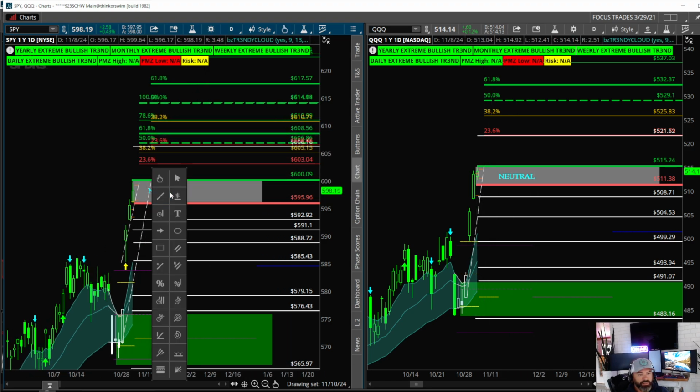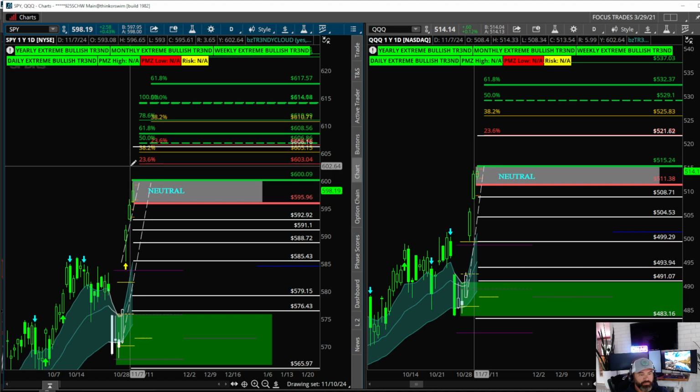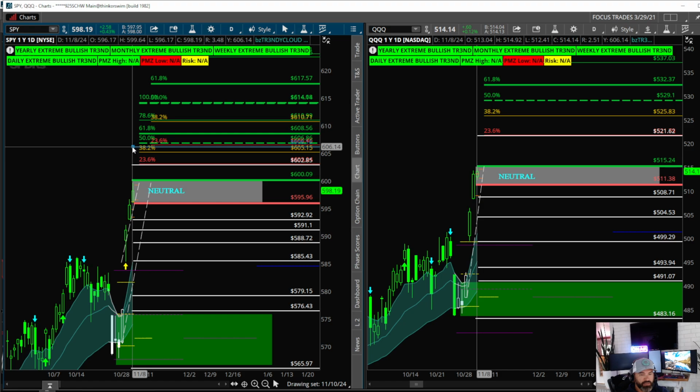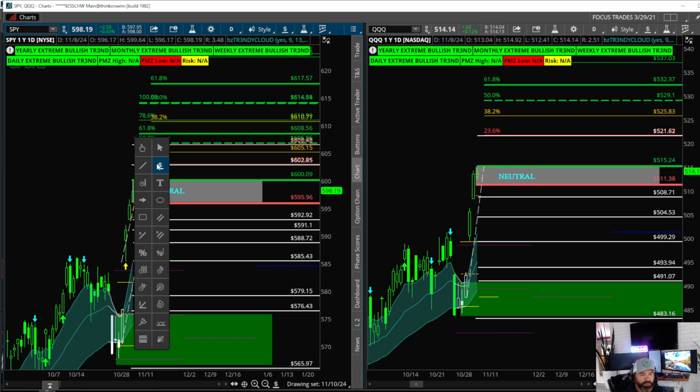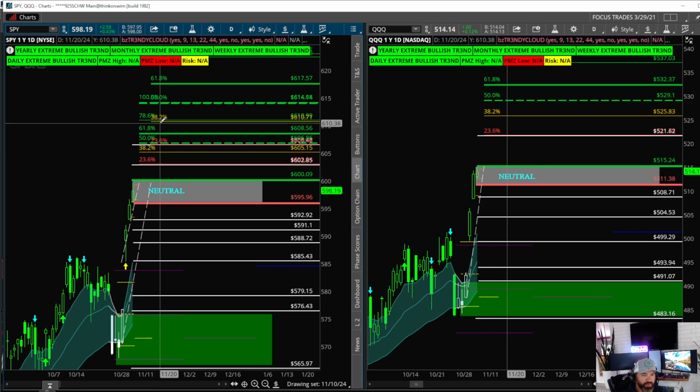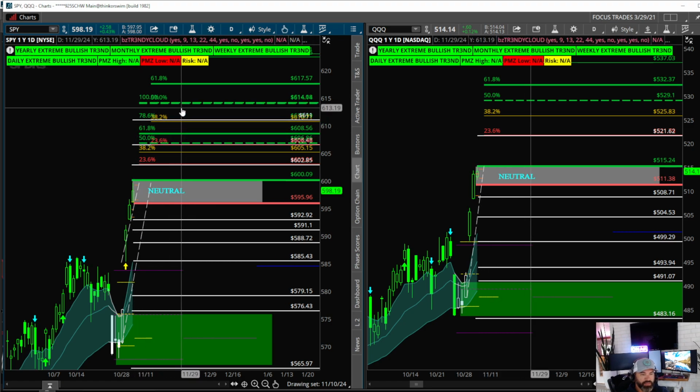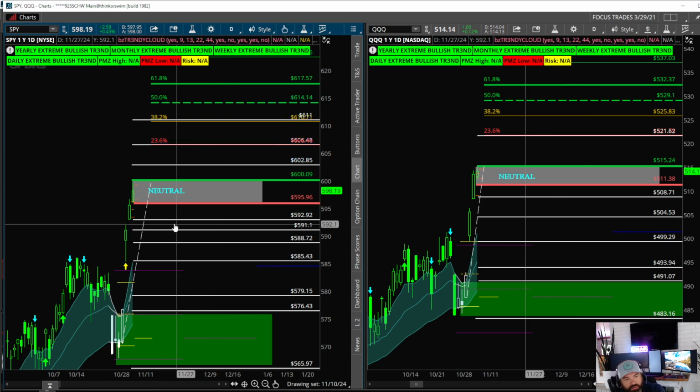So this is going to be our first target to the upside. I'm going to pull this up just a tad, about the 50. And then I like this one. There's a double stack, 38.2. I'm going to go right there. These are going to be the 3 targets to the upside.